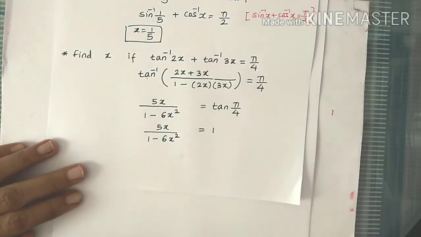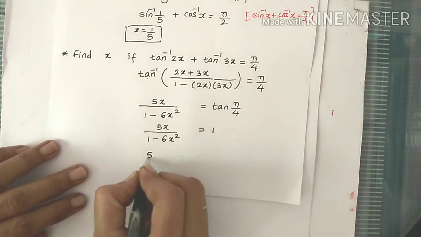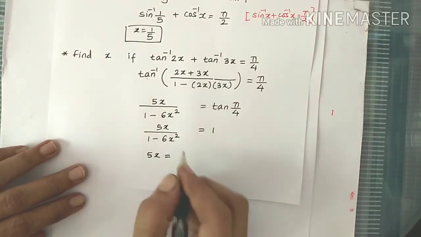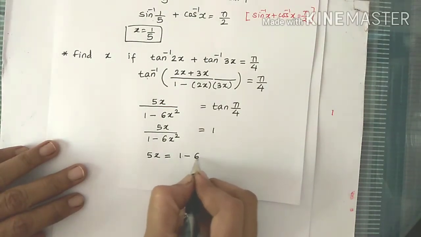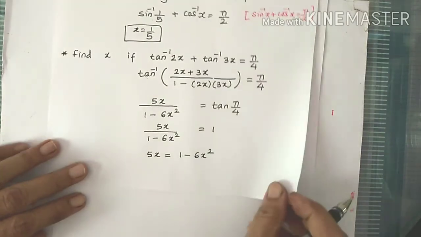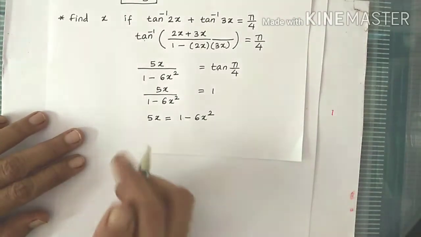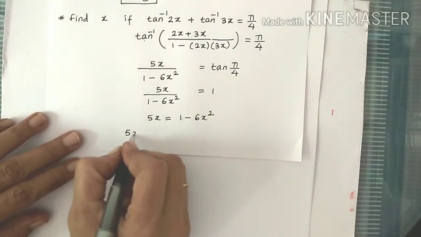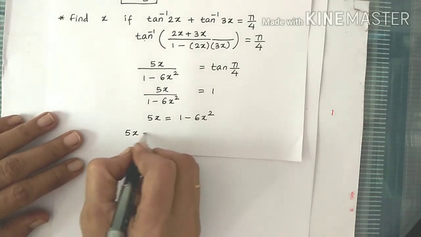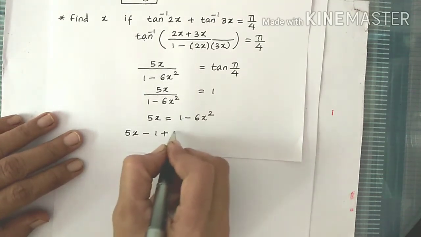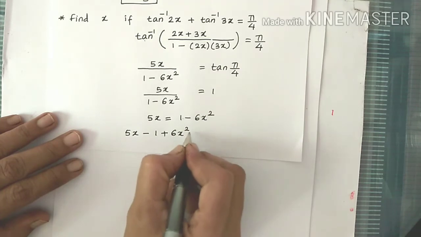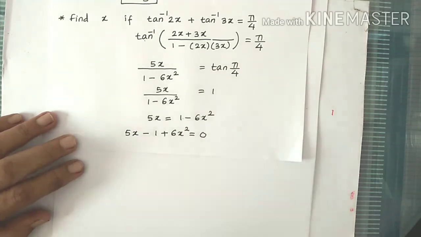Now cross multiplying this, we get 5x is equal to 1 minus 6x square. Now let's transfer this term to the left hand side so that x square becomes positive. 5x minus 1 plus 6x square equal to 0.